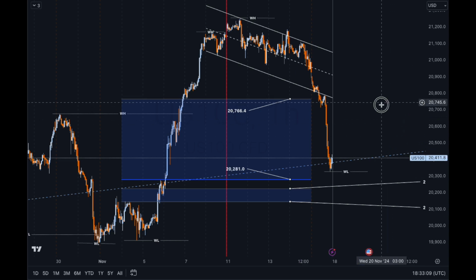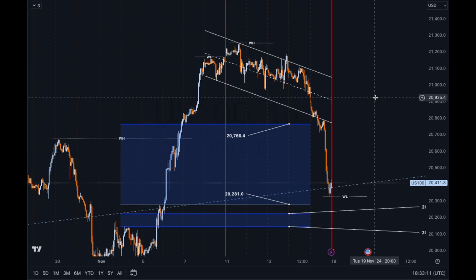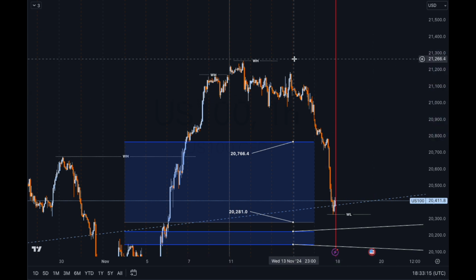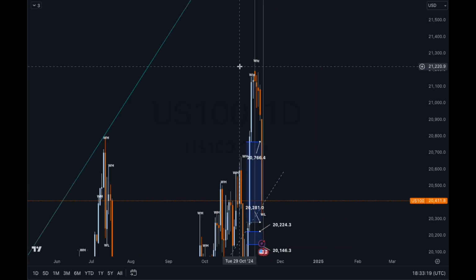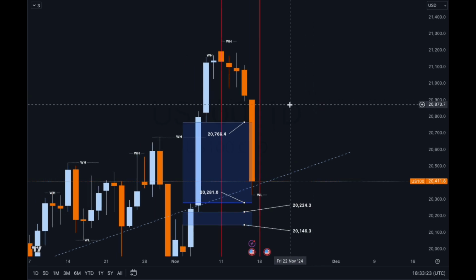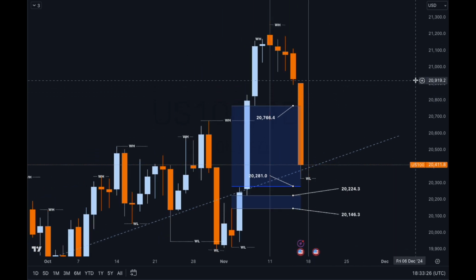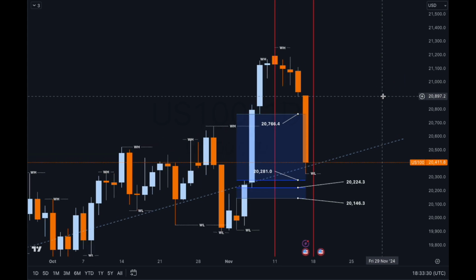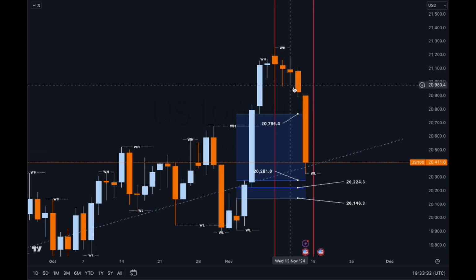Okay, and I'm going to assign labels to them later, but before we do all of that, we're going to jump into the day and see if we can spot any bearish FVGs that may help us moving forward. So from the day, I can only see one FVG right now, and that is from here to here. So we're going to lock that in place so we can track that one also.